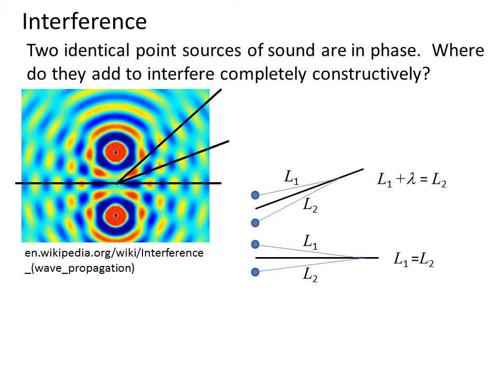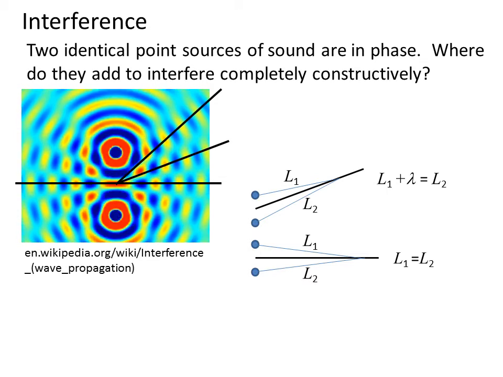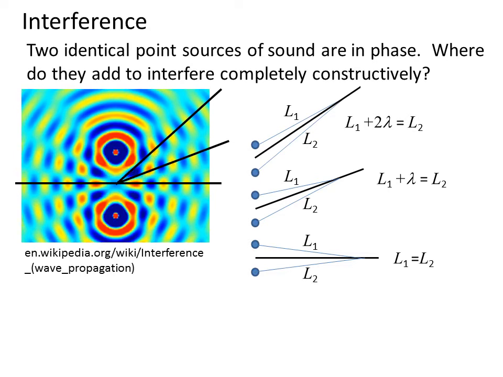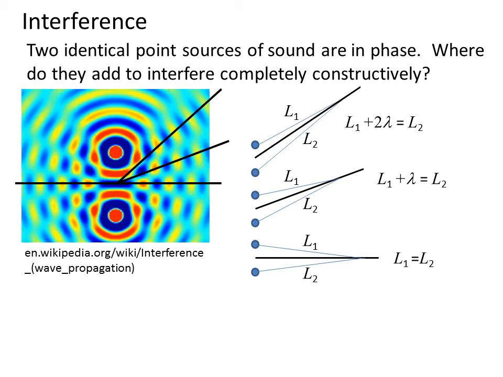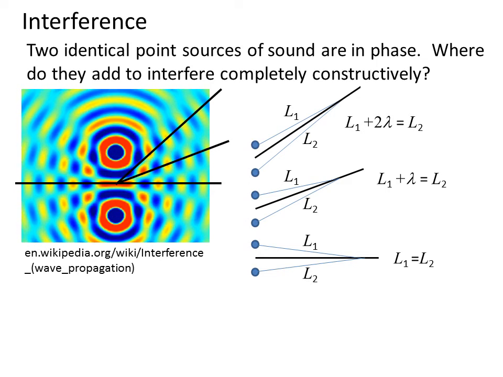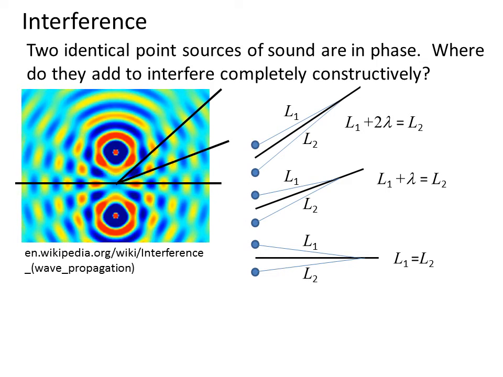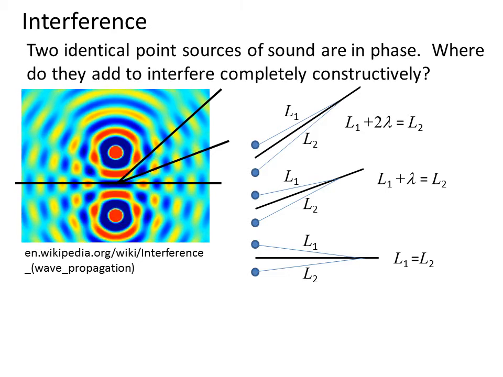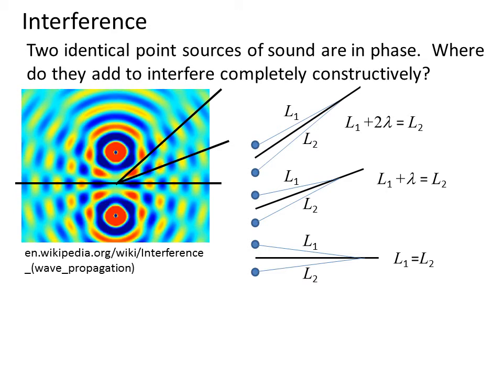Or if we look at this other one, we see it going up at an even steeper angle. In this case, L1 plus 2 lambda is equal to L2. So the wave coming from L2 is 2 wavelengths behind the one coming from L1.